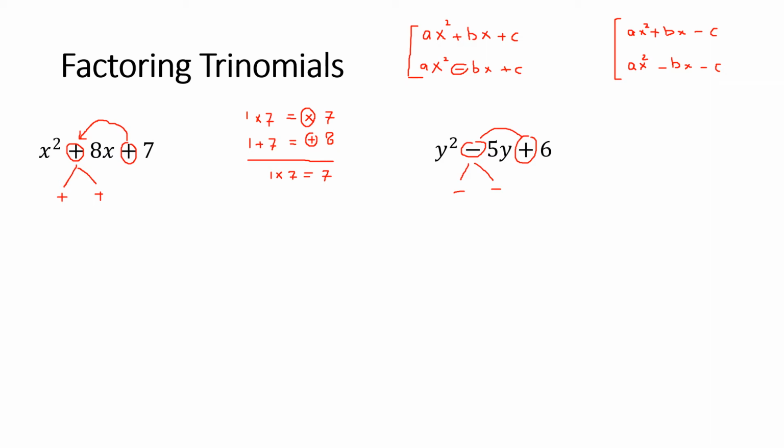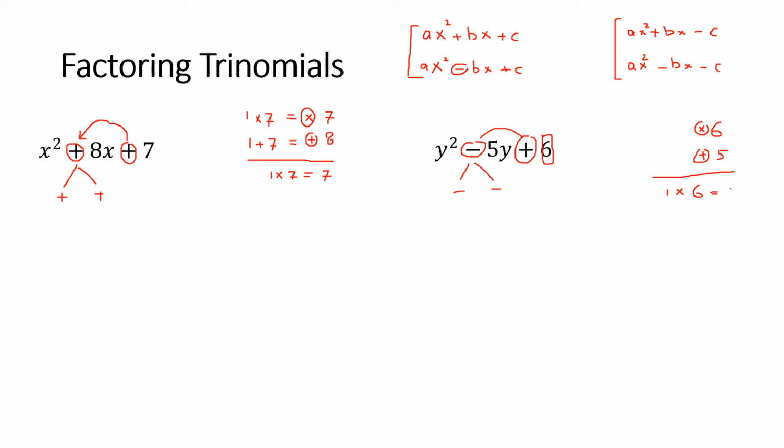And in this case the two numbers required are those whose multiplication is 6, this number, and whose addition is 5. Okay, so we start factoring 6. 1 6 are 6.